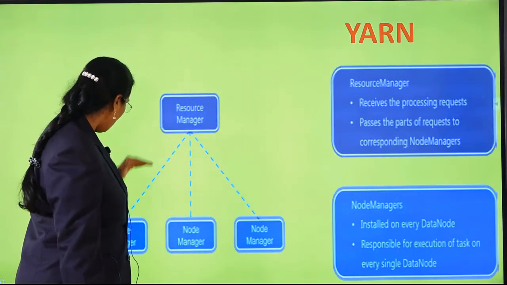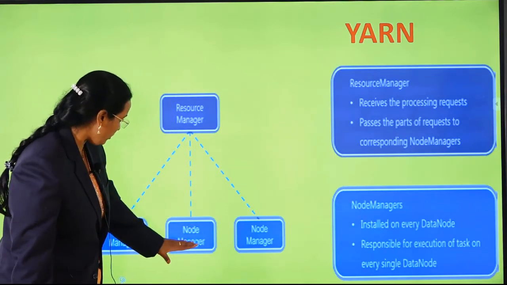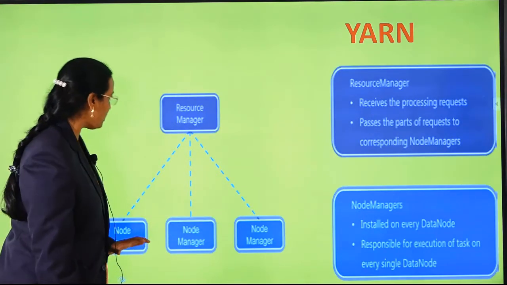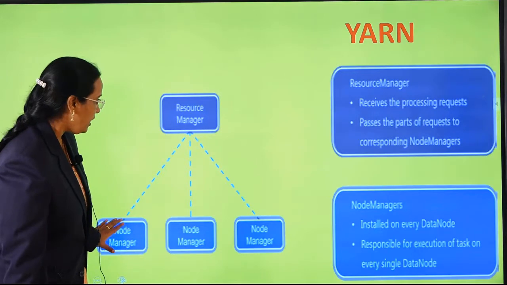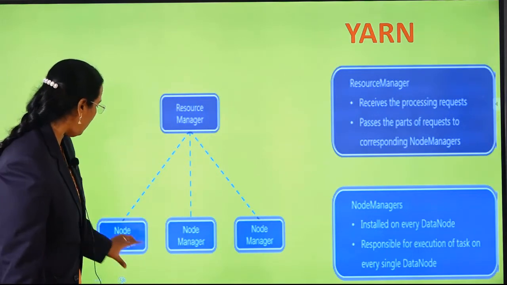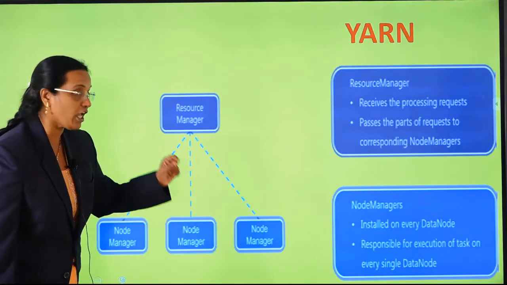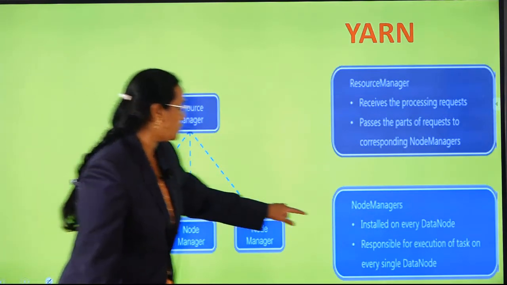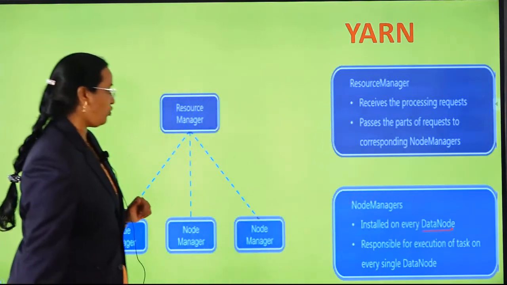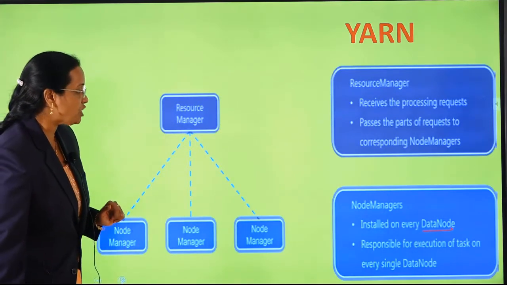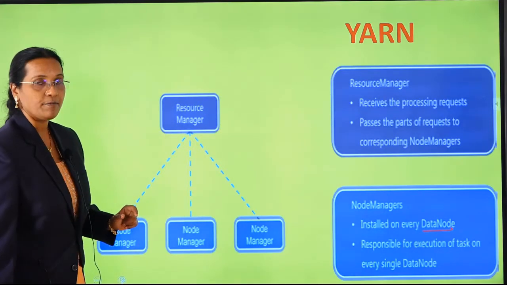Here we have the resource manager, and here are the node managers. The node manager is installed on every data node, and it is responsible for the execution of the task.